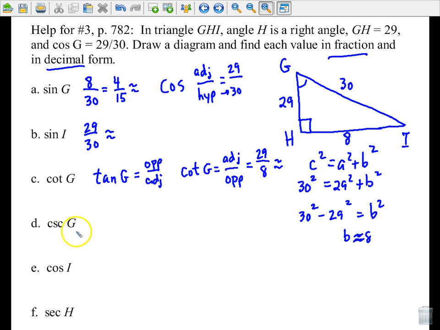Okay, cosecant G. Well, cosecant is the inverse of sine. Well, sine is opposite over hypotenuse. So cosecant is hypotenuse over opposite.